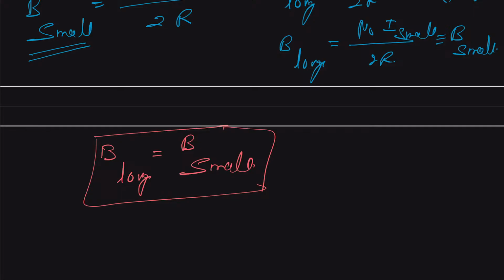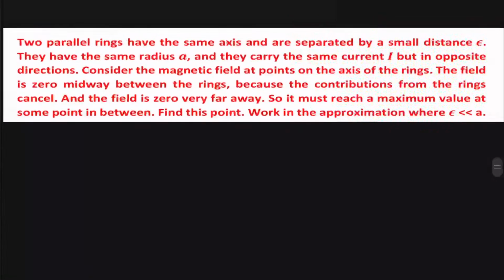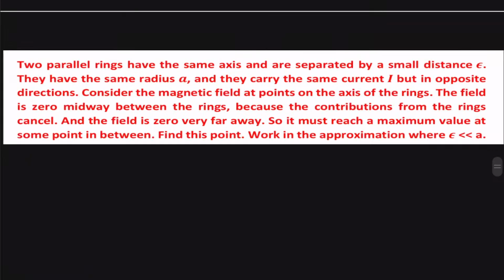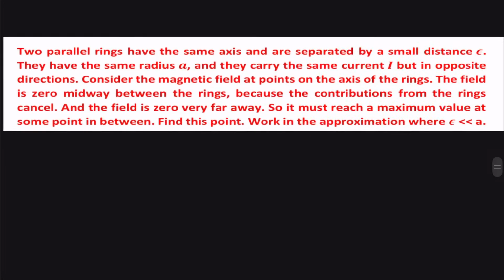Next question. It states that two parallel rings have same axis and are separated by a small distance epsilon. They have the same radius a, they carry the same current I but in opposite direction.